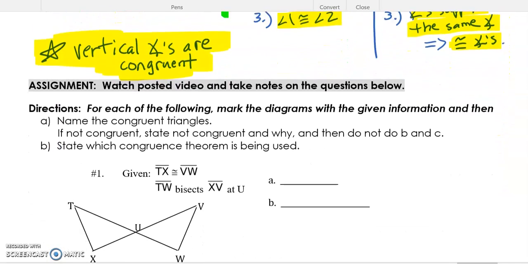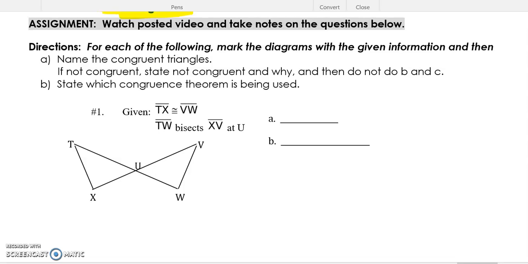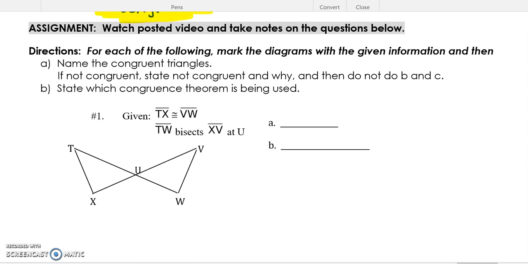Now for the questions, there are 3 of them we're going to go through. I'm going to discuss them, not write a formal proof. The next step after we get comfortable with proving that triangles are congruent will be to formally write a proof. Right now, we have some information. TX is congruent to VW, so on my diagram I'm going to mark TX and VW congruent.